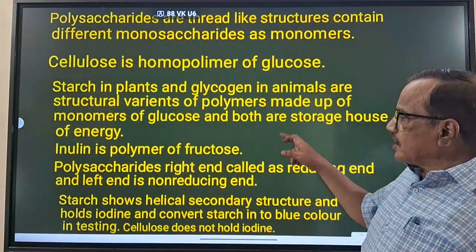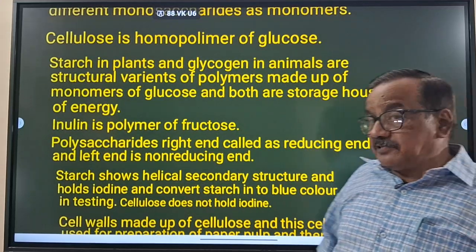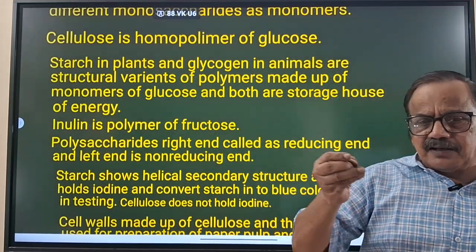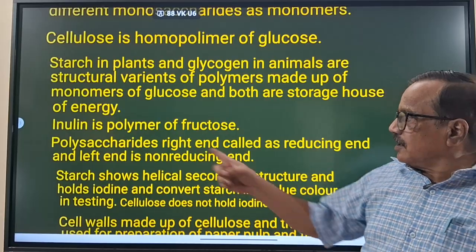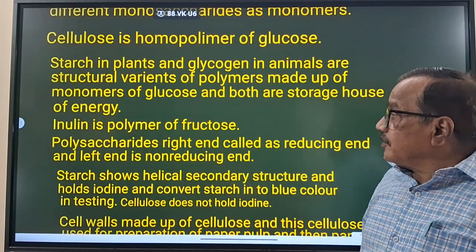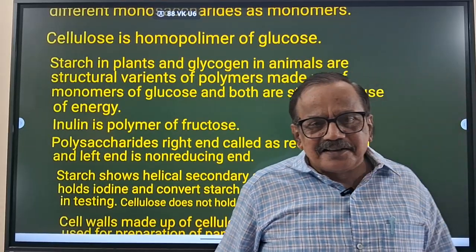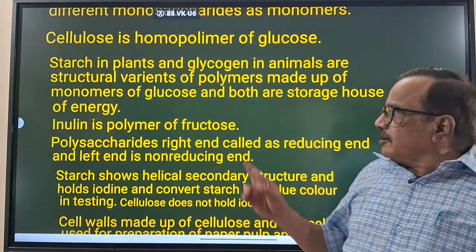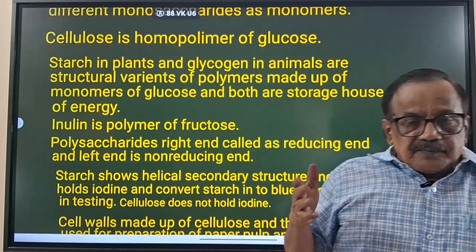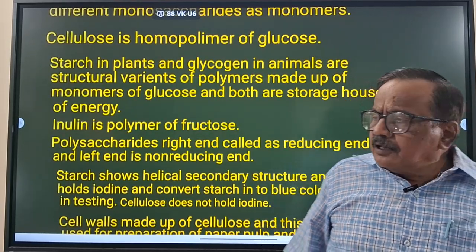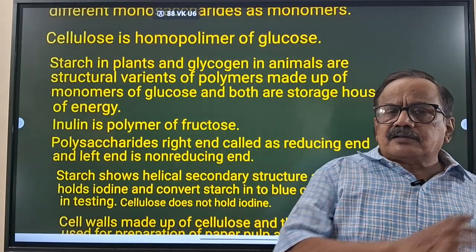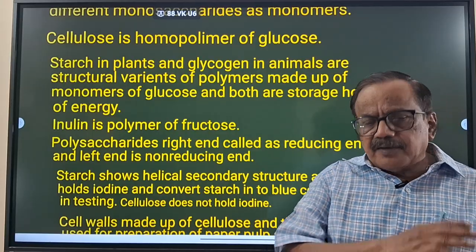Next, this is more important. One more he has given somewhere before. Inulin is a polymer of fructose. He has given only one sentence and not mentioned anything else about it, but I will tell. Fructose comes from fruits. Fructose monomers form a homopolymer.